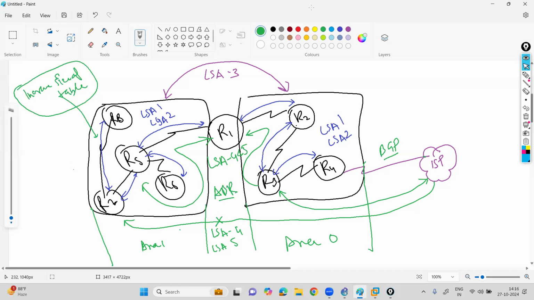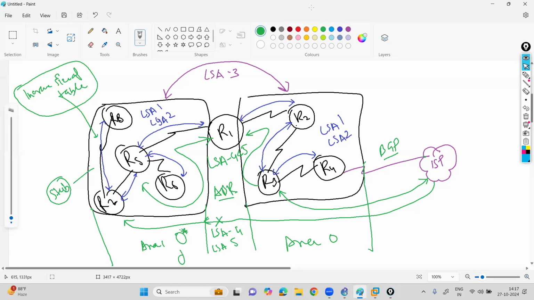We will configure the stub area on this side. Now, what is the meaning of that? These routes will be converted to O star. What is the meaning of O star?